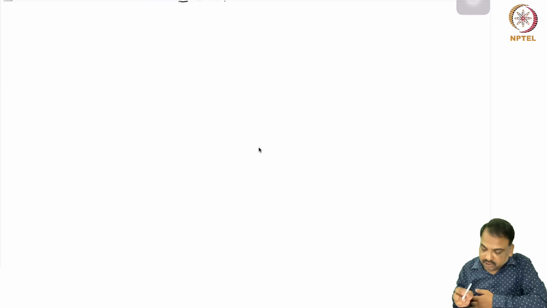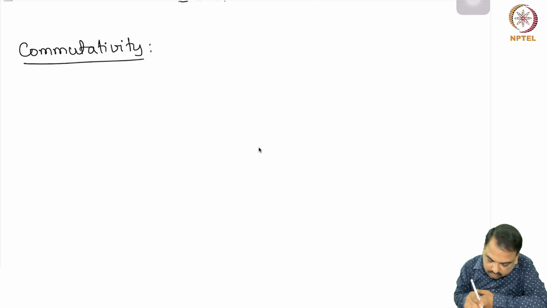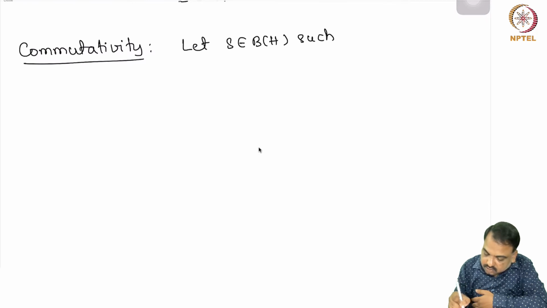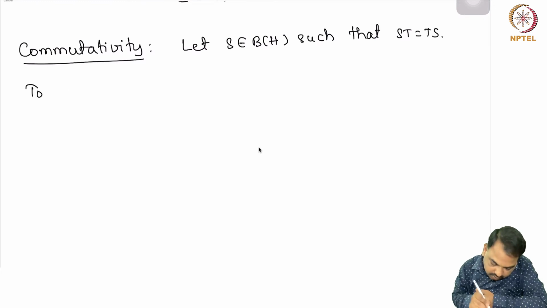Next we want to show the commutative property. So let us assume that S is a bounded operator such that ST equals TS. Then we want to show that B also commutes with S, that is, BS is SB.